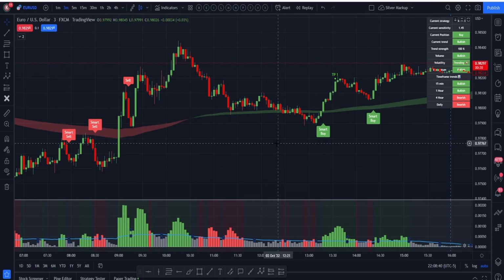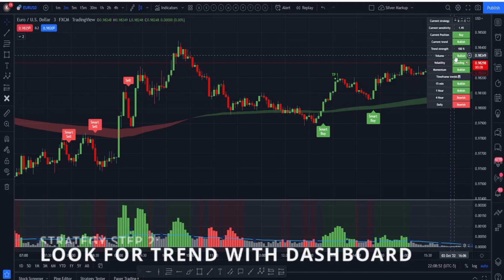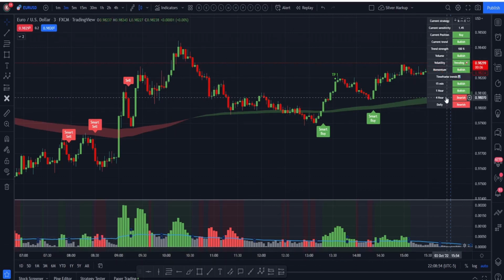The second thing you want to do is make sure that you are trading not only with the 3-minute trend, but on the bigger trends. And what I would pay attention to, and I can actually show you, is within the dashboard, you want to pay attention to the 15-minute and the 1 hour. And you want to trade pairs that are in trend and have the same trend on these two time frames.